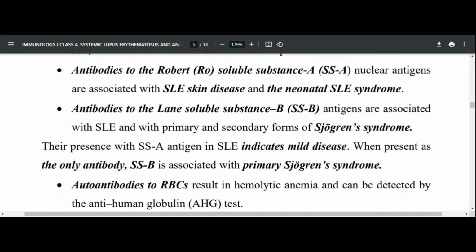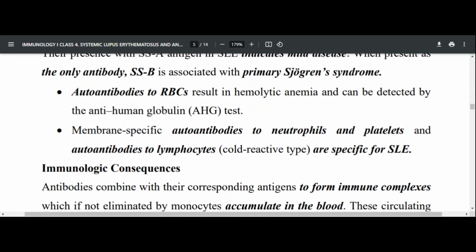So apart from these antibodies against the nucleus, we have seen all the antinuclear antibodies. Of course, antinuclear antibodies are all antibodies against any part of the nucleus or the whole nucleus. But apart from that, we also have autoantibodies against RBC, which can cause hemolytic anemias. Those, for example, can be detected using anti-human globulin tests.